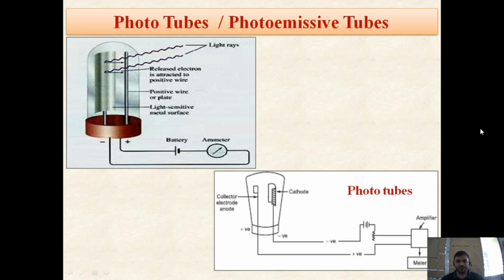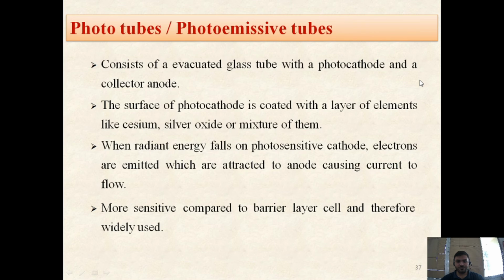Second is the phototube or photoemissive tube. This is the diagram of the phototube or photoemissive tube type of detector. It consists of an evacuated glass tube with a photocathode and a collector anode.